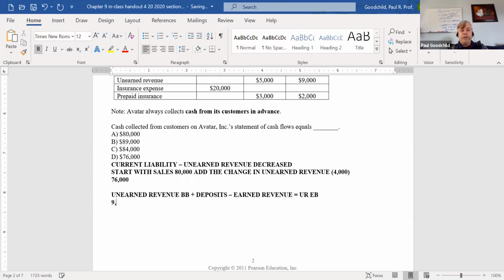And so here we started with 9,000. It says all of the deposits are always collected in advance. So we had 80,000. No, I'm sorry, that was the earned revenue, sorry. We don't know the deposits, minus our earned revenue, 80,000, equals our ending balance of 5,000.